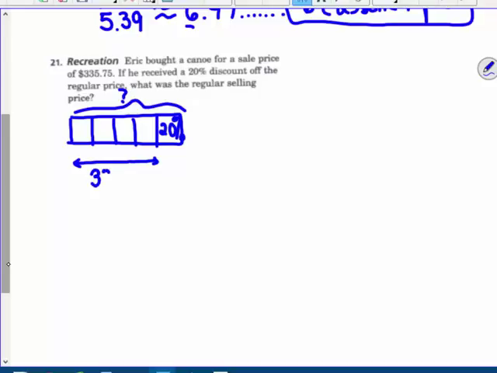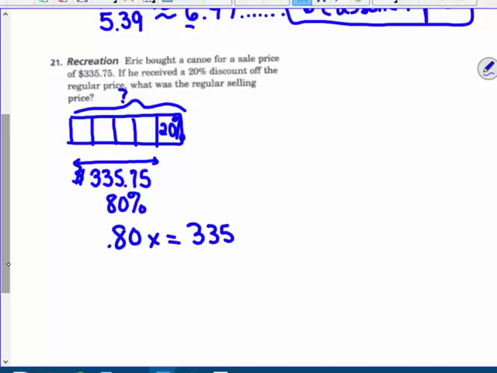He paid $335.75, and that's the equivalent of 80%. So I want to know 80% of what number is $335.75. So 80%, I'm going to change that to the decimal, of what number comes out to be $335.75. So to get this answer, because they're asking me what's the original regular selling price, I know I'm going to be dividing.